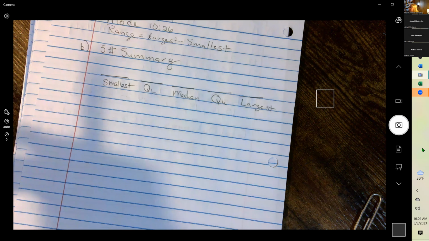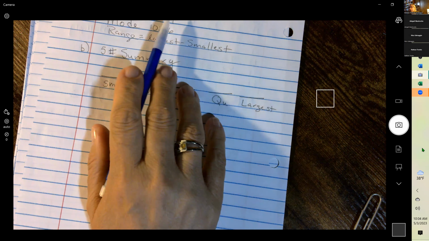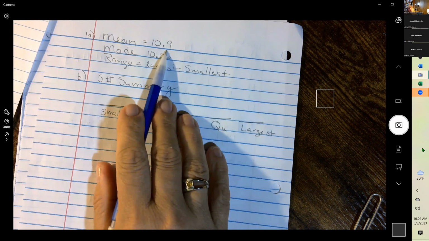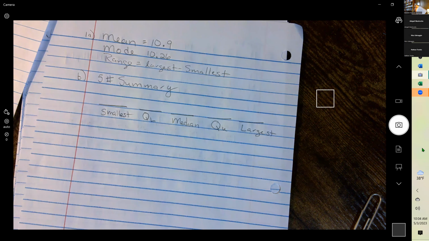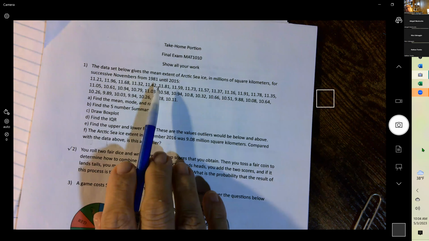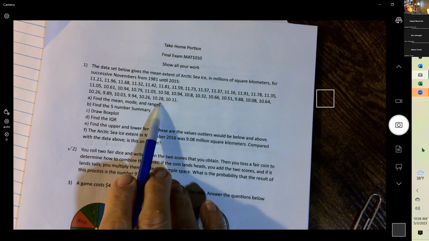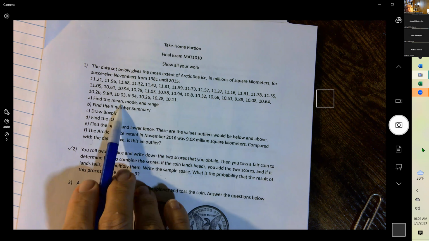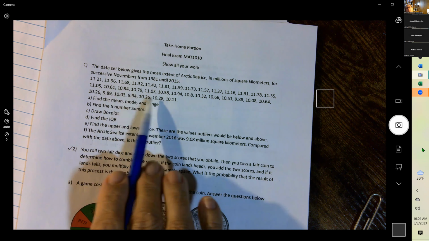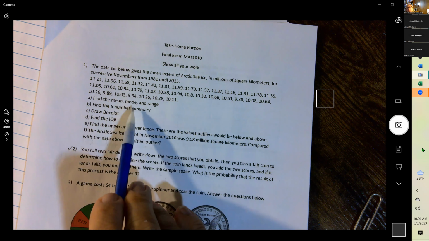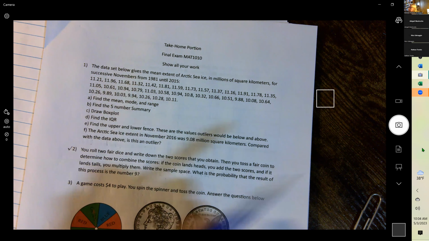And to find the mean, you add all of them up and divide by how many there are. But because it was so large, we used Desmos, and it gave us the average or the mean. But either way, you want to add all of them up and divide by how many there are. Now, the mode is most often.